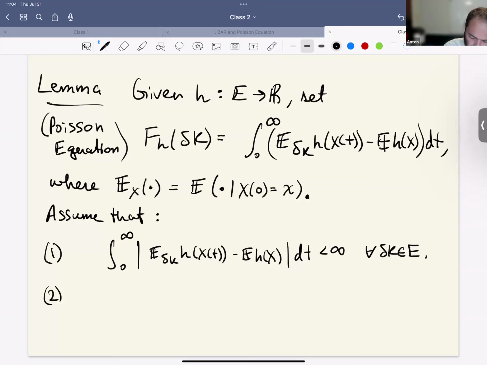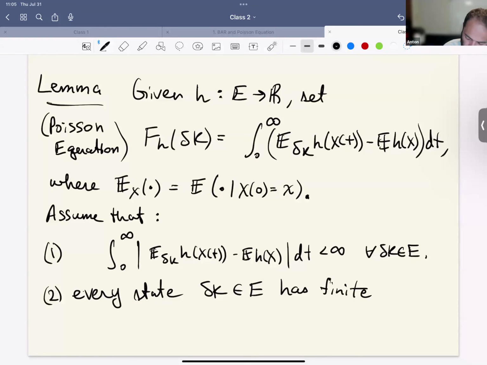And then number two, let me not write down the most general technical condition, but let me just say every state delta k in the state space has finitely many destination or potential destination states.